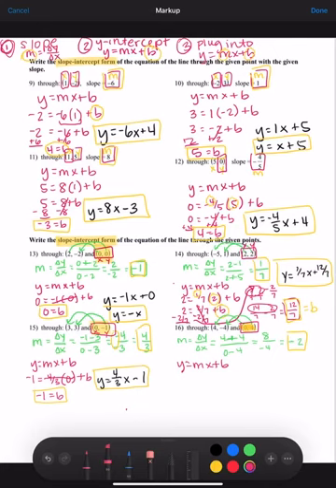If I were to plug these in, I'll go ahead and do that just to show you. I would get 4 equals m is negative 2 times 0 plus b. So this cancels, and I'm just left with 4 equals b. So whether you recognize it or you solve it, you'll get b equals 4. And then you can just plug these in. Y equals m x plus b.